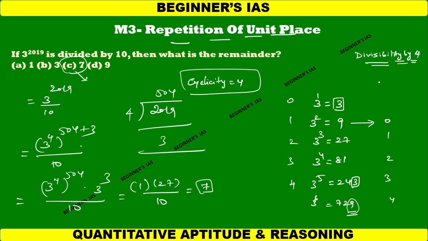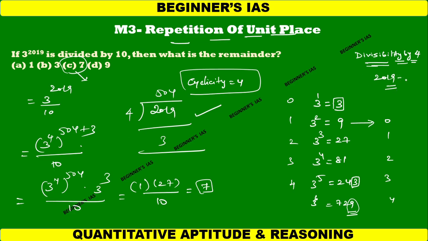By using the negative remainder concept, we identified the remainder, and with the positive remainder concept, and with the repetition of the unit digit, we identified the remainder. But the divisibility test is very important. In a simple manner, just identify the last 2 digits. If the last 2 digits are divisible by 4, surely that number is divisible by 4.